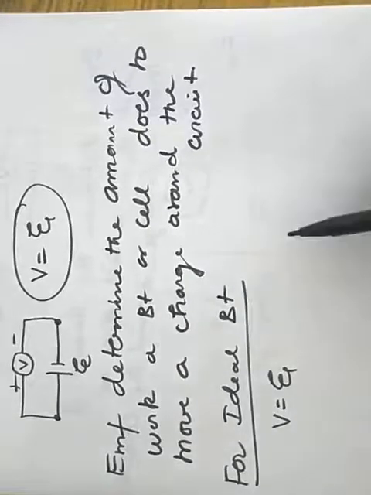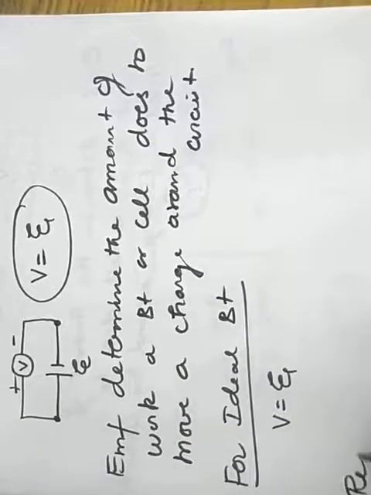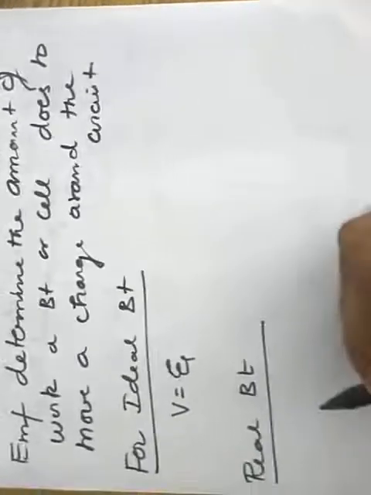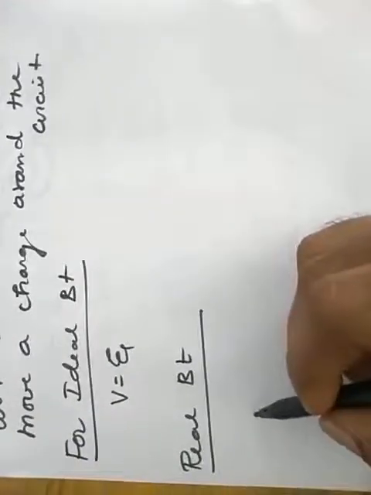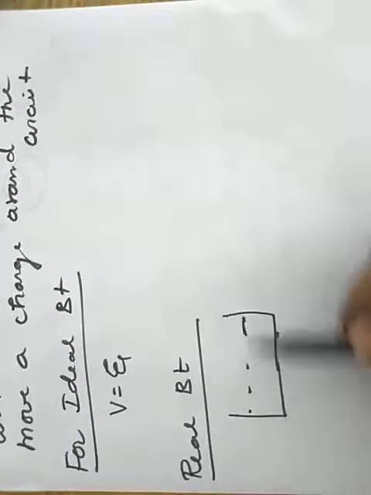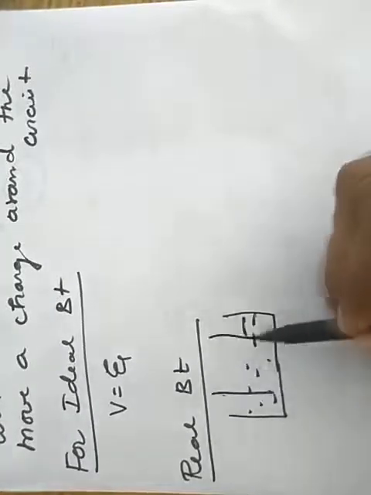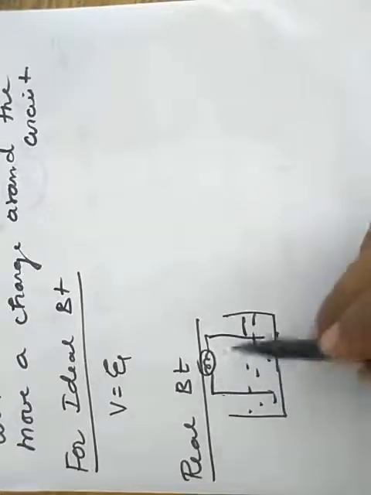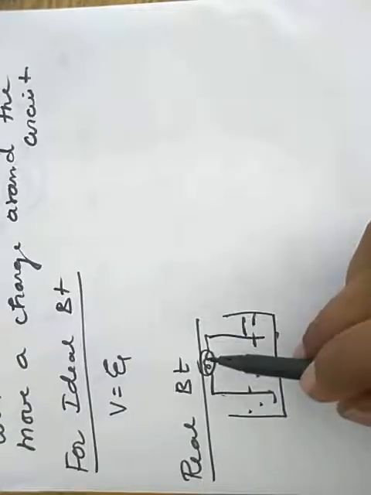For a real battery, we know real batteries are made up of electrodes and electrolyte. A cell consists of electrolyte and two electrodes. If it is connected with an external source, when current flows, the bulb will glow.